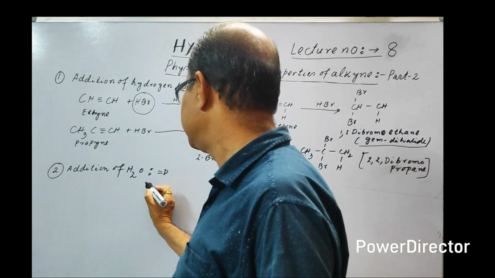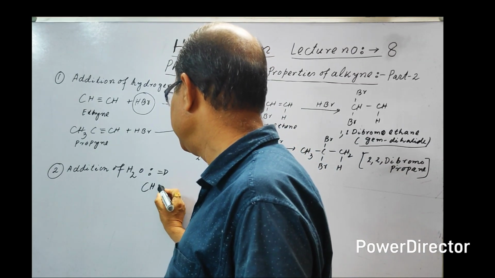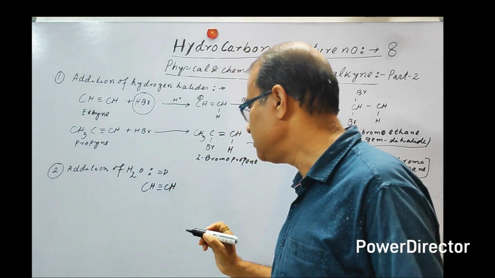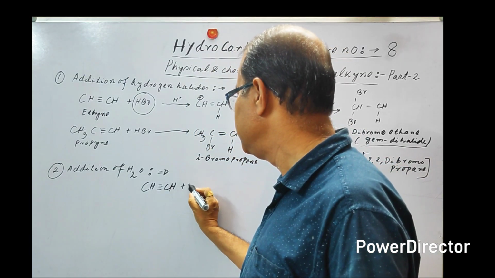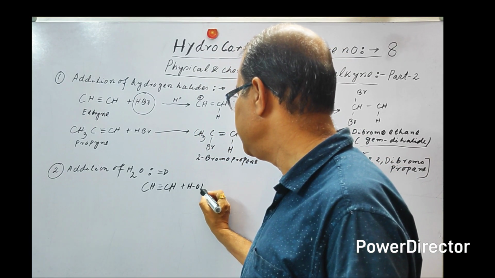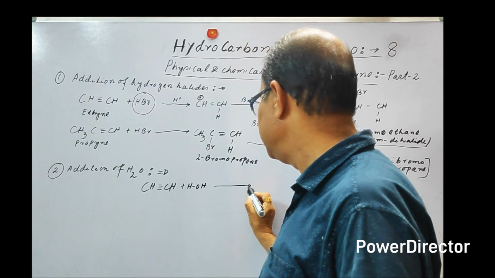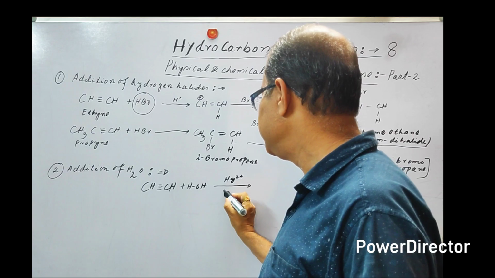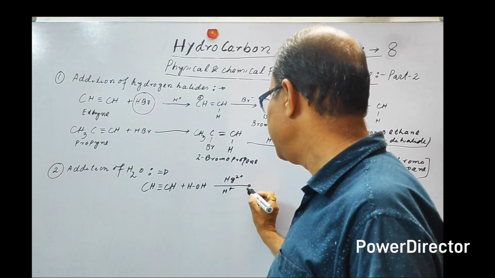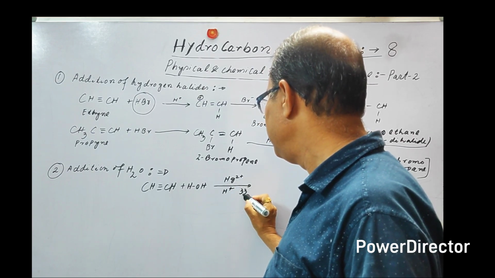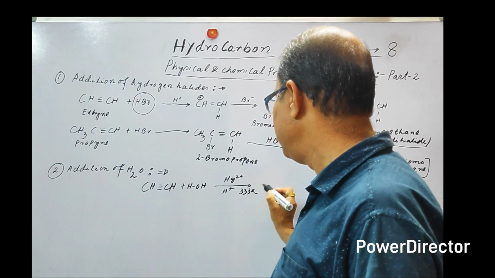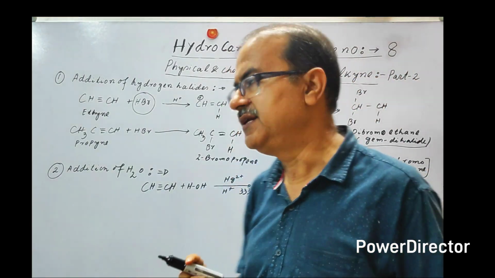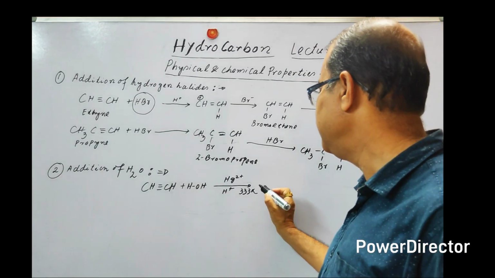So this reaction is like this. You have taken ethyne and the reaction condition is like this, that you have to take mercuric sulfate in presence of sulfuric acid and you have to maintain the temperature at 333 Kelvin.